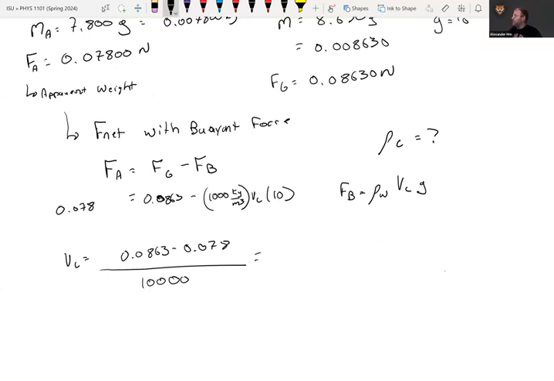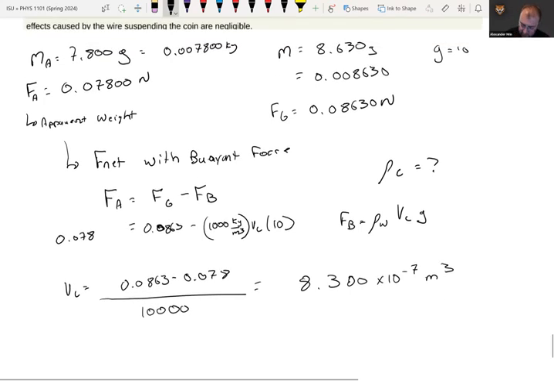I'll just throw that into Desmos really quickly. 0.0863 minus 0.078, and then divided by 10,000. And what that's going to give you is 8.300 times 10 to the negative 7th meters cubed.